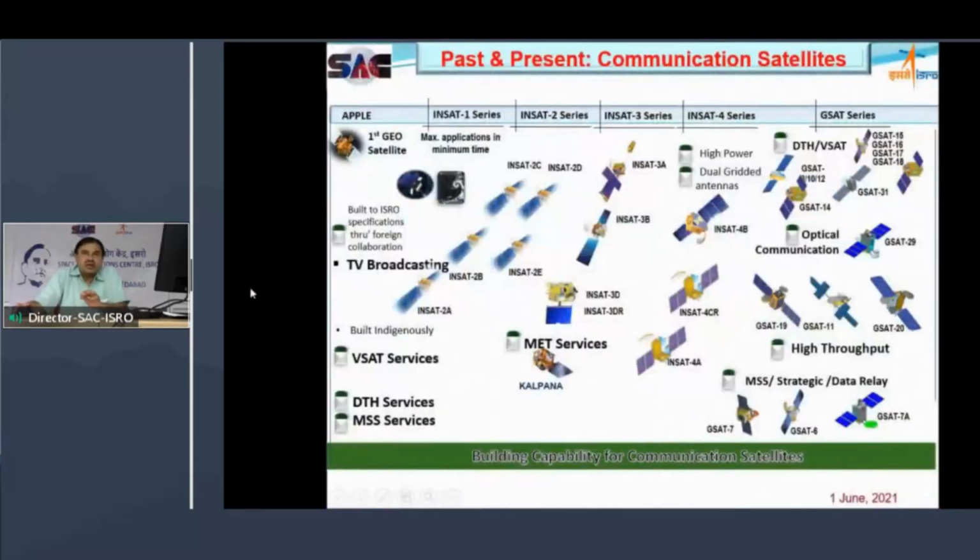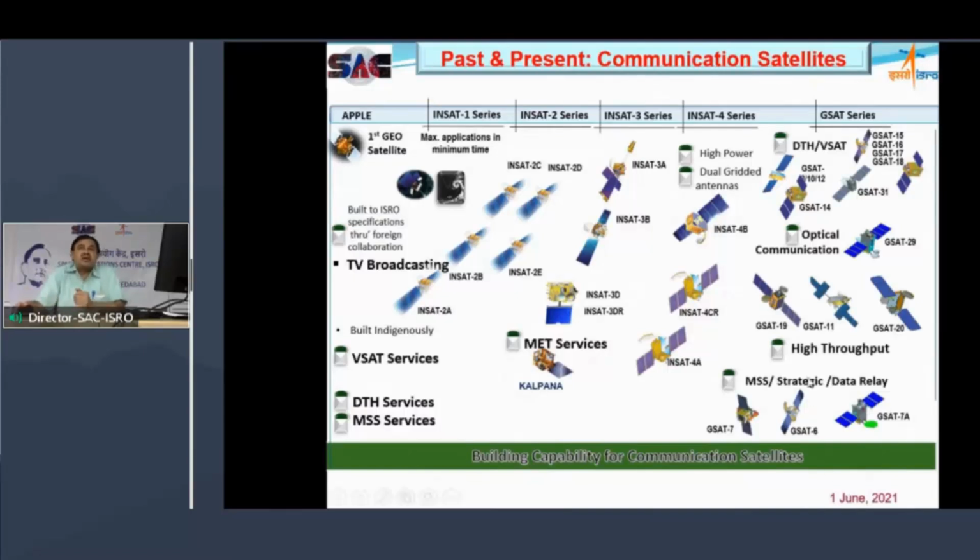So this is the summary of all the satellites which we have built, and they cater to various types of applications. And nowadays we have new types of satellites. Because as you would have seen, there is now a demand for different types of satellite channels, TV channels, because any person who gets some money will start his own channel. So that's why the demand for TV channels is very high.